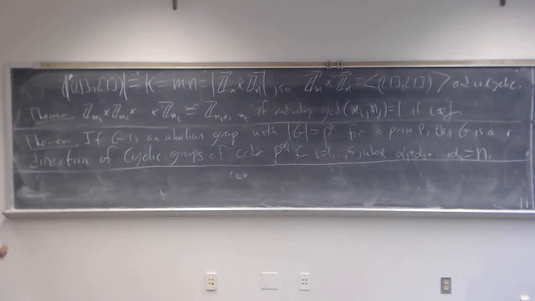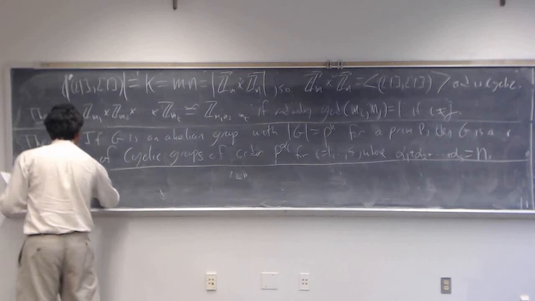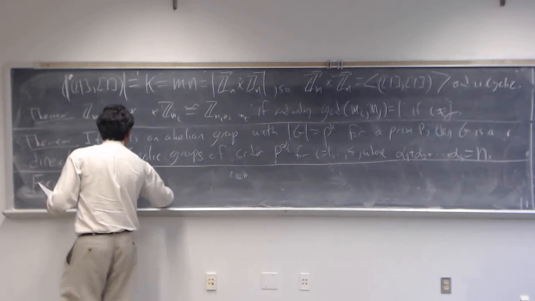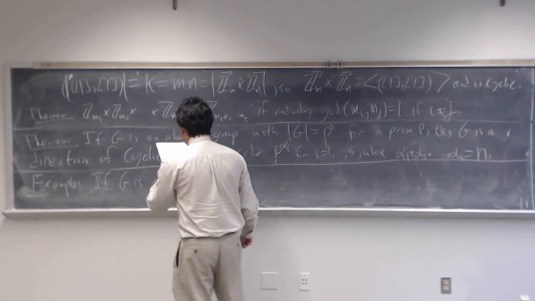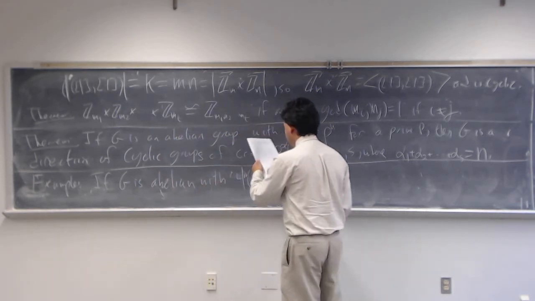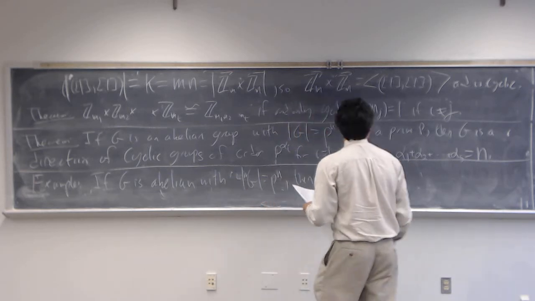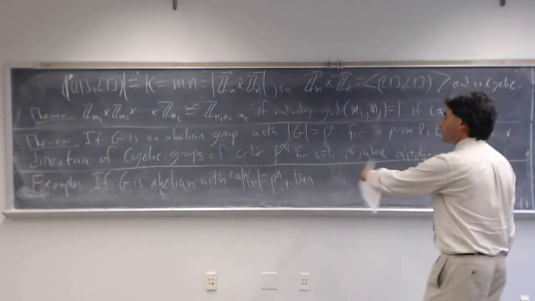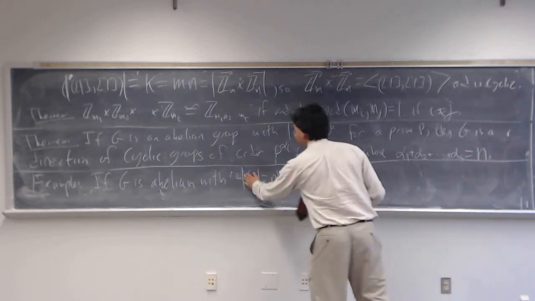And we'll state this without proof because we're mainly interested in an example. If G is abelian with the order of G equals p to the n, then G is a product of cyclic groups of various orders, so cyclic groups are all isomorphic to Zn for some n, or Z to some integer.